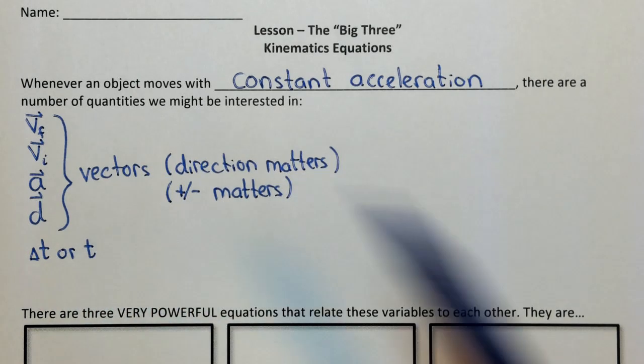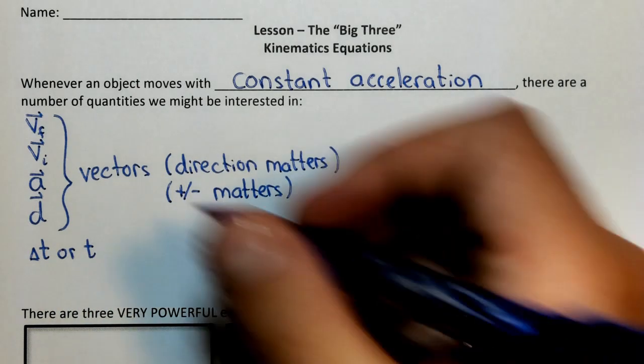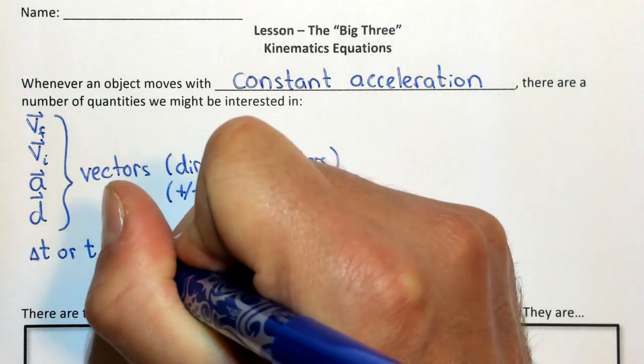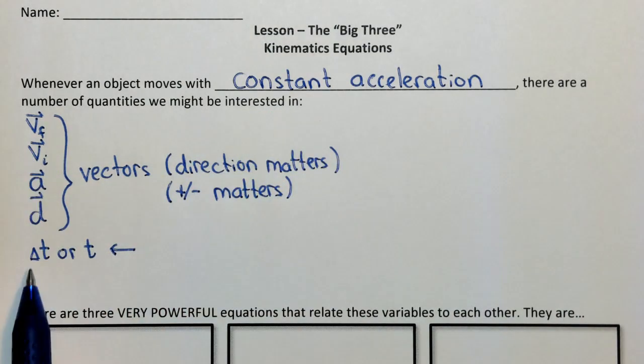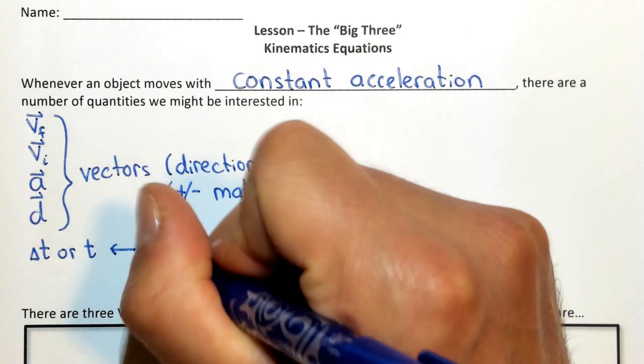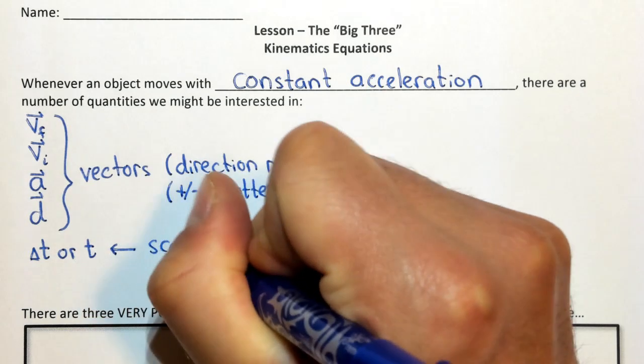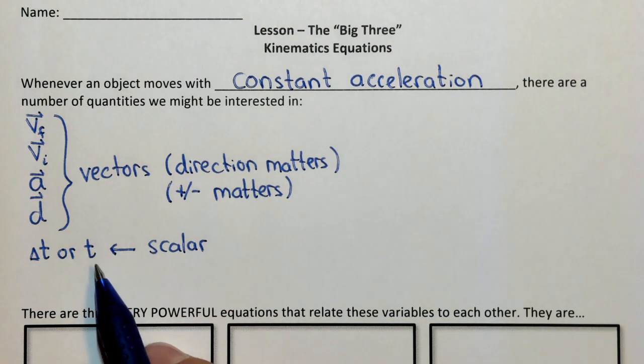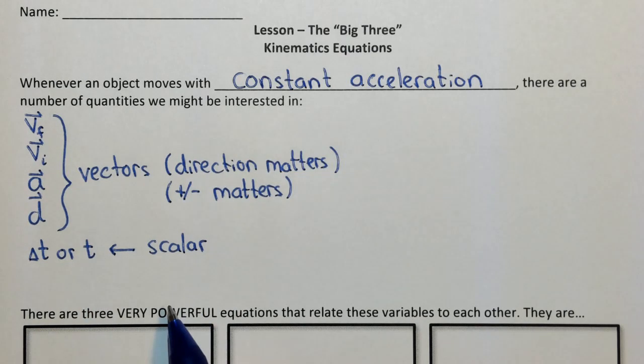It's just a short way of writing it. Anyways, this one in this group of 5 quantities is our sole scalar. This does not have a direction, so we do not have to think about whether it's positive or negative. It'll always just be a positive number.